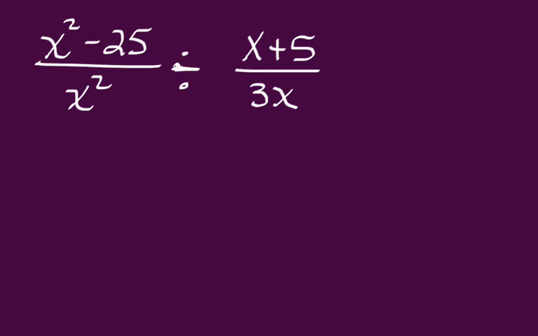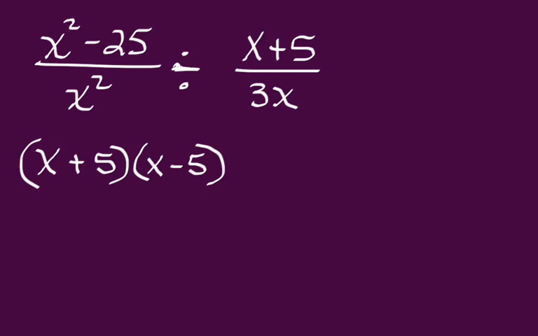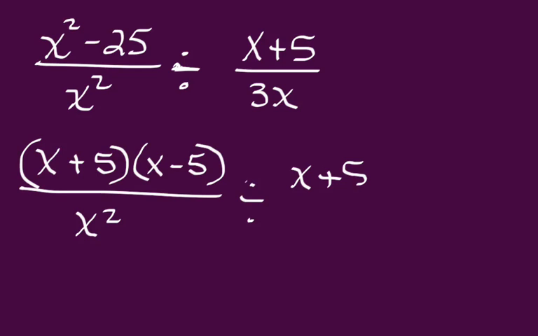All right, so first of all we're going to factor everything. I'm going to start with this piece right here, and that's the difference between 2 perfect squares. So that's x plus 5, x minus 5. And x squared can't be factored, and neither can the other 2 pieces be factored.